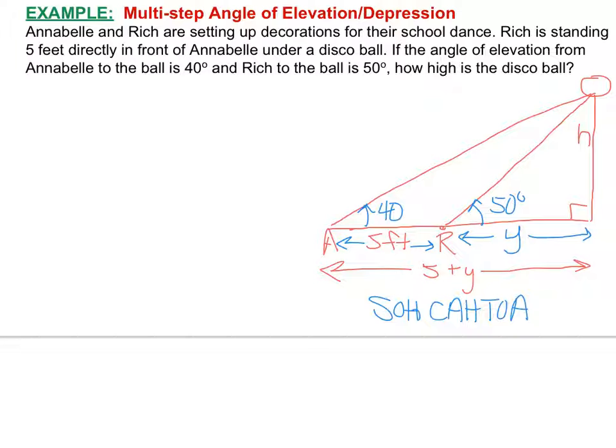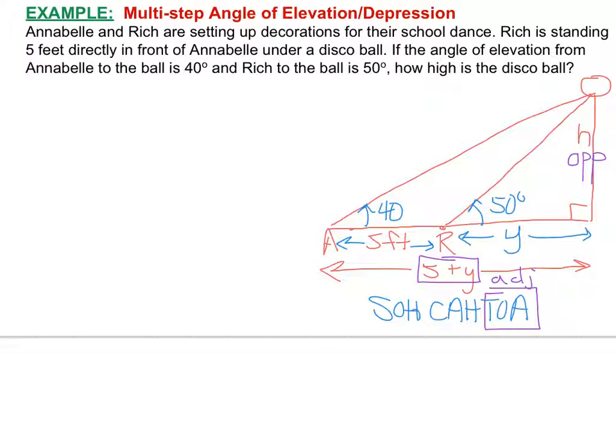So this right here is the opposite side. And then the 5 plus y, with respect to the 40 and 50, is the adjacent. So if we're dealing with the opposite and the adjacent, that's going to be the tangent function.